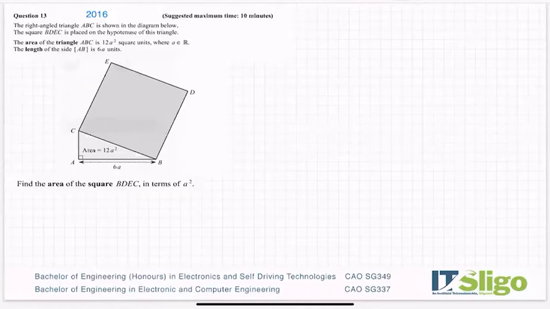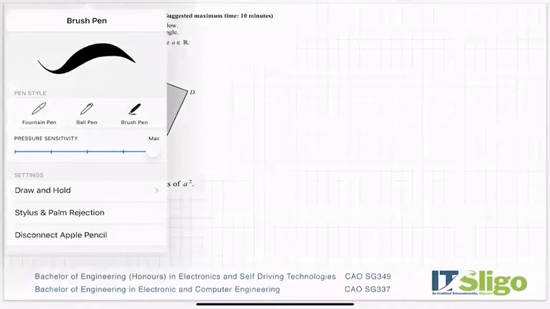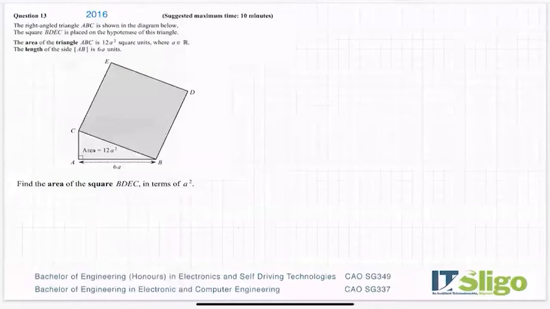Okay, well, area, let me just make the pen a bit sharper. Okay, area of a square is equal to length by width. So I need length and width of my square.